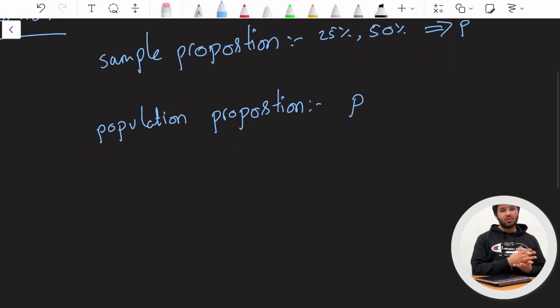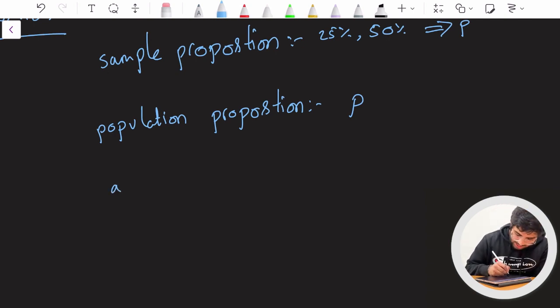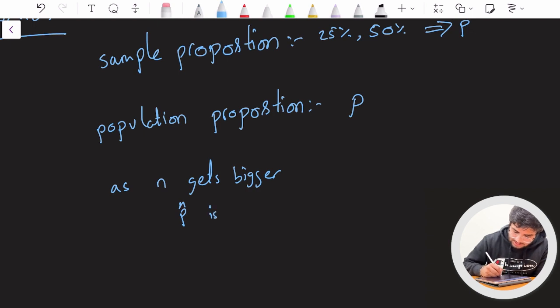Now, as we had for the sample means, we have a similar sort of thing here. We say that as n, your sample size, gets bigger, P hat is more normally distributed, okay?